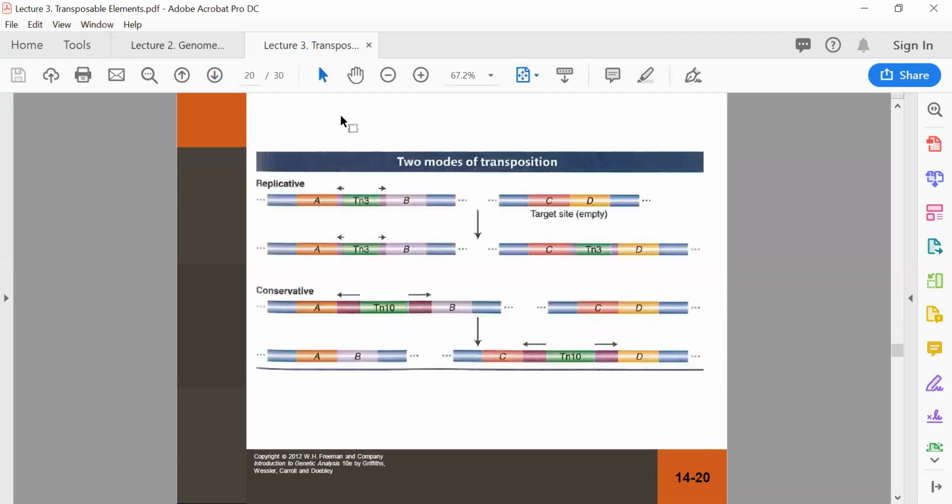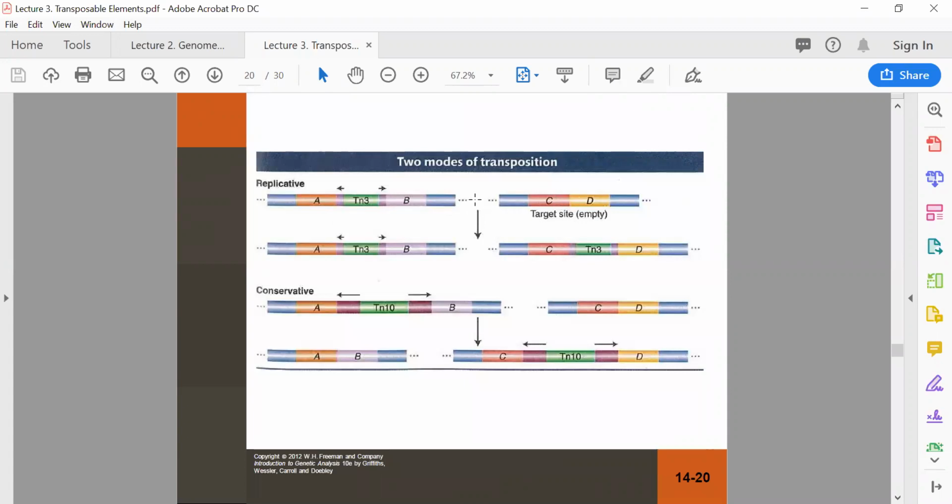Okay, that's illustrated here, the two modes of transposition. Here we have the replicative mode. So let's just note, here we have a Tn3 sitting in between A and B, which may be genes A and B. This is going to be the target site, and we've got genes C and D sitting here.